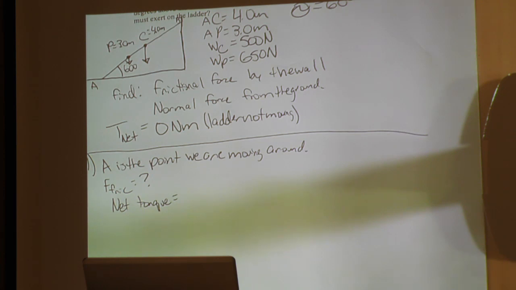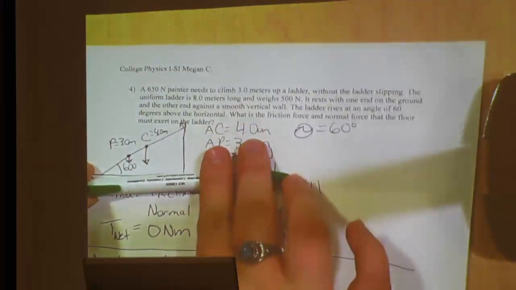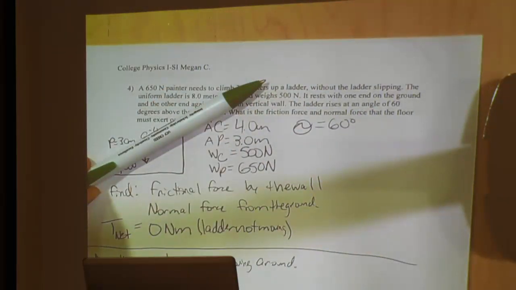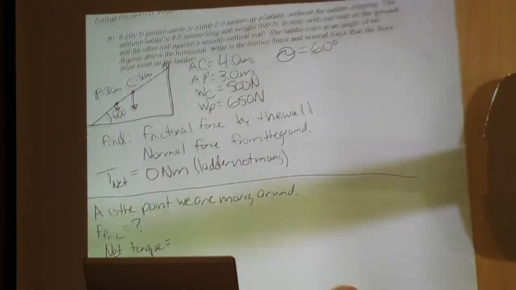Good, the weight by the painter and the center. So both the ladder itself is pushing down and the painter is pushing down. What's pushing up to keep it from sliding? Frictional force by the wall.